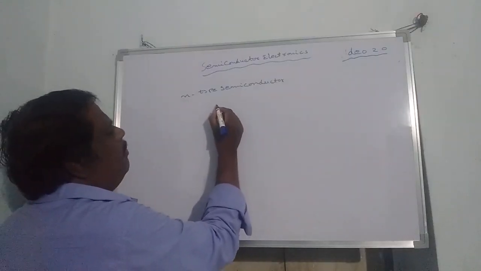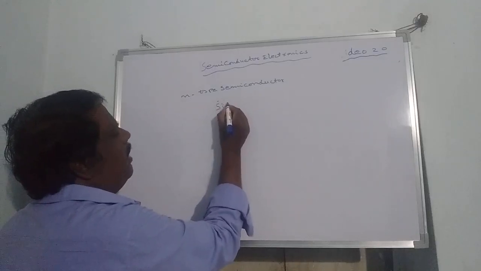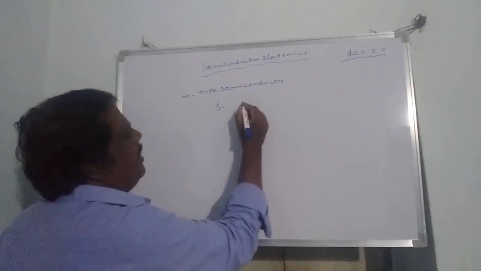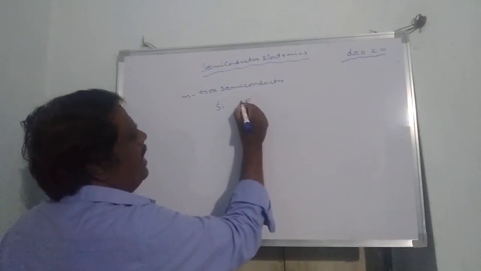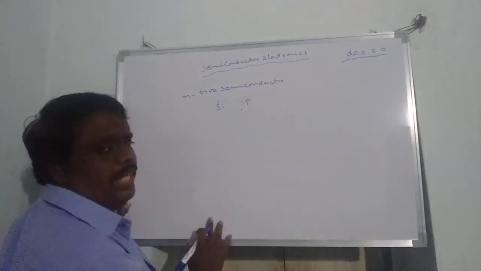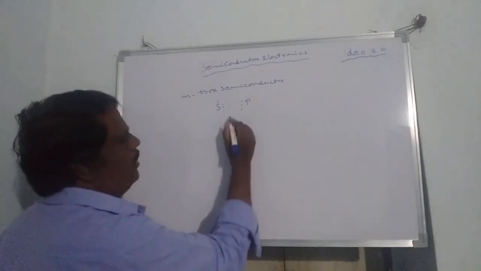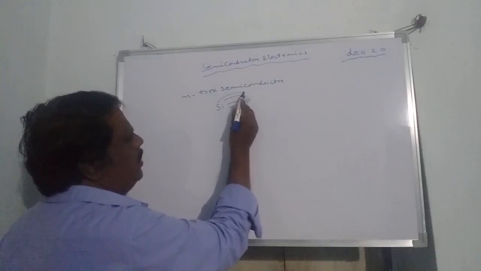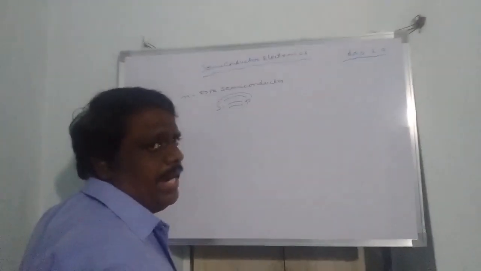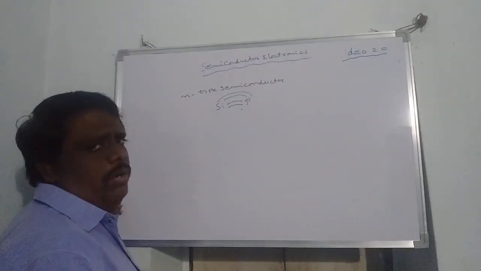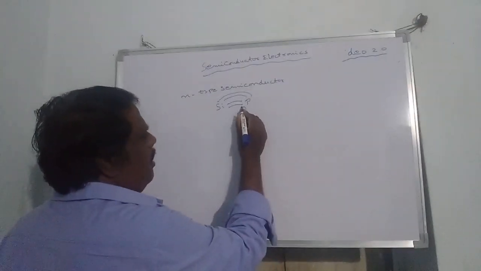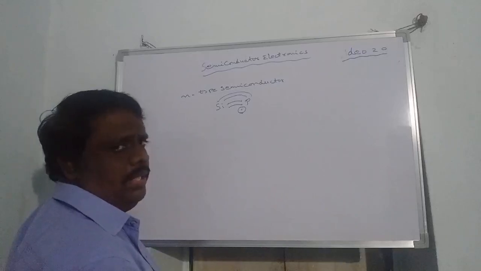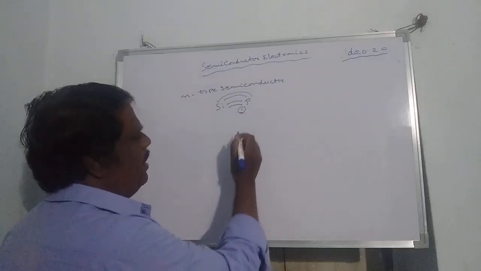Now the n-type. Here, a pure semiconductor, either silicon or germanium, a tetravalent, will be doped with a pentavalent impurity. Pentavalent means it has 5 electrons in its outermost orbit. 4 covalent bonds are completed due to the mutual sharing of electrons, so there will be one excess electron here in phosphorus, a pentavalent impurity.